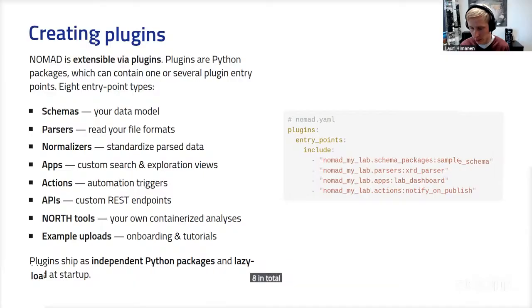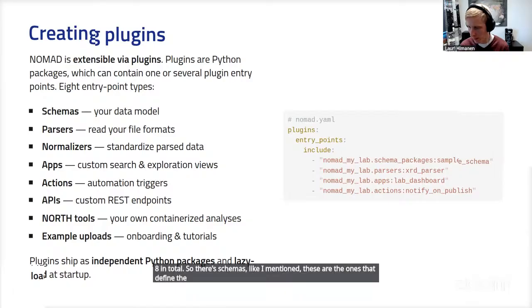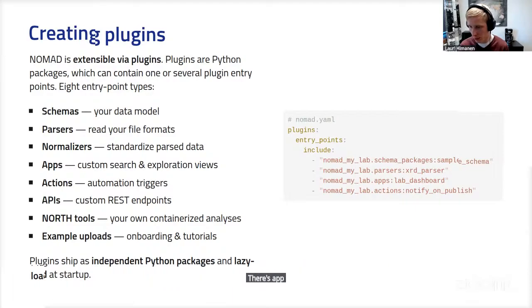So there's schemas, like I mentioned, these are the ones that define the data model. Then there's parsers to read your file formats, normalizers which standardize the parsed data. There's apps for the search, actions for automation workflows. There's APIs to connect completely custom REST endpoints.